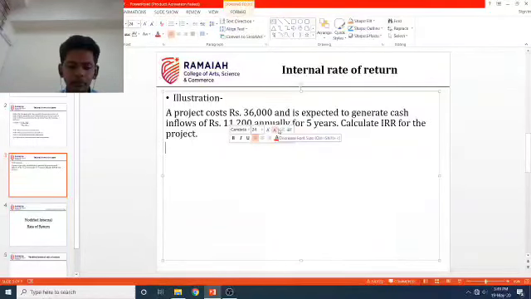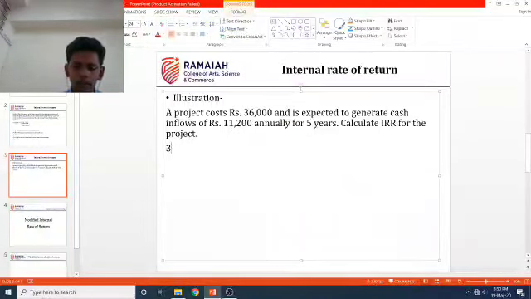How do you calculate the payback period? You just have to divide the total cash outflows by the cash inflows. How much will it be?